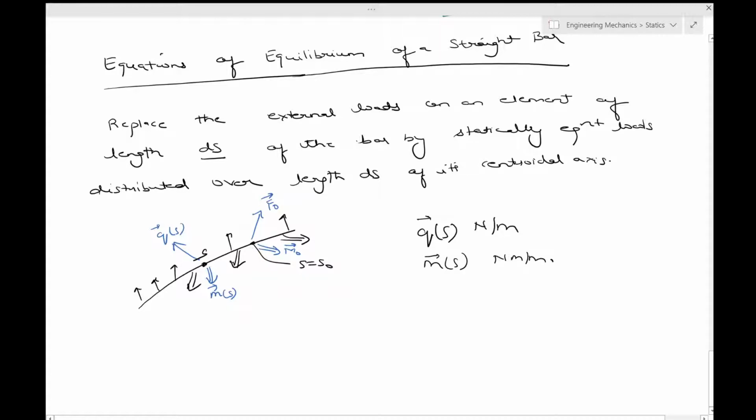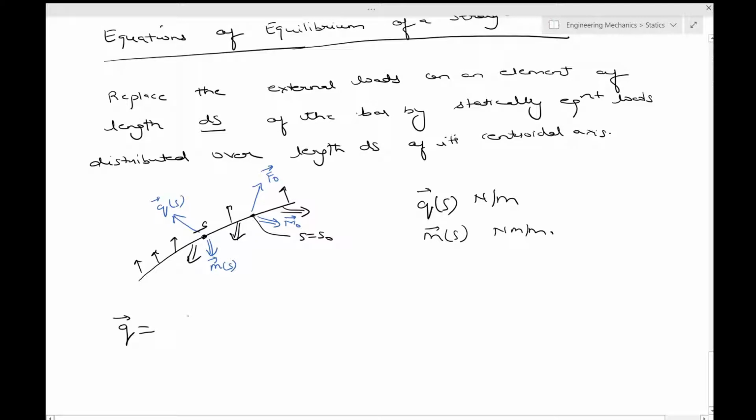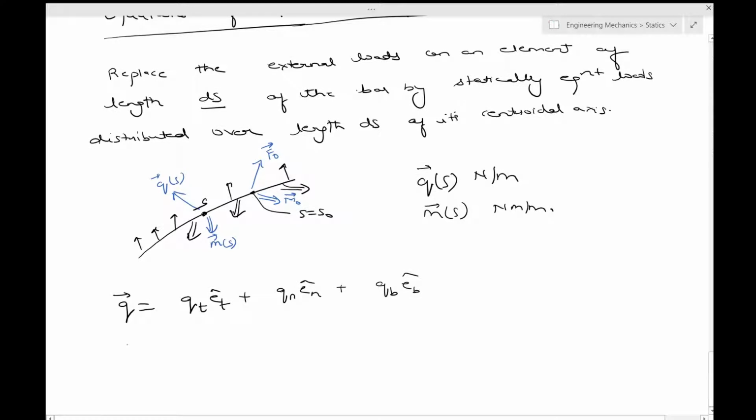Since Q is a vector we have to write it as Q_T e_T hat plus Q_N e_N hat plus Q_B e_B hat, and M has to be written again as M_T e_T hat plus M_N e_N hat plus M_B e_B hat. So this is 4.14.